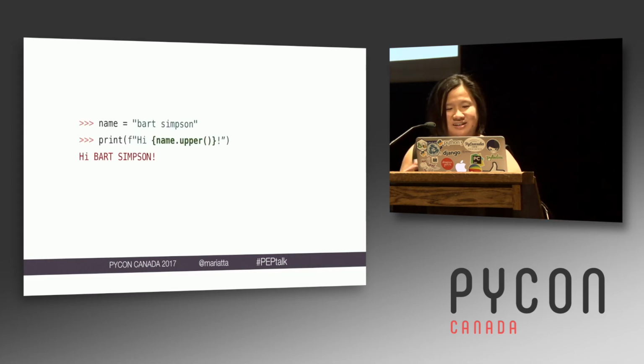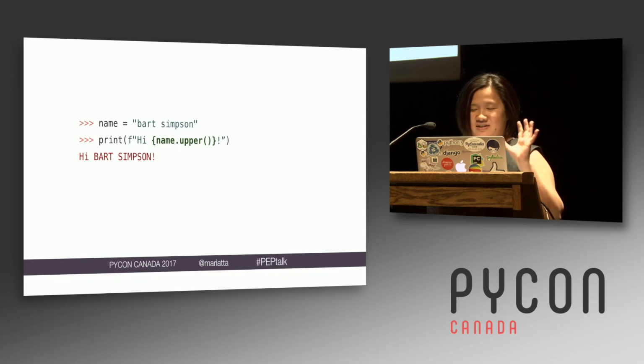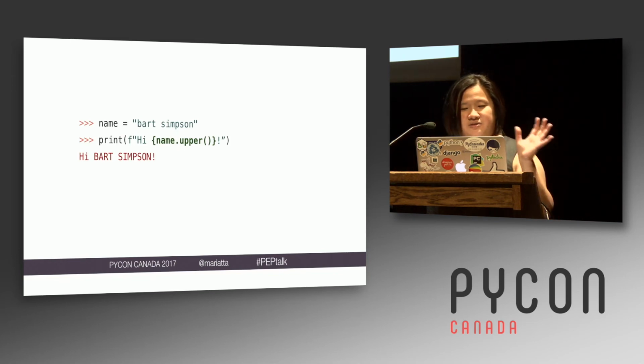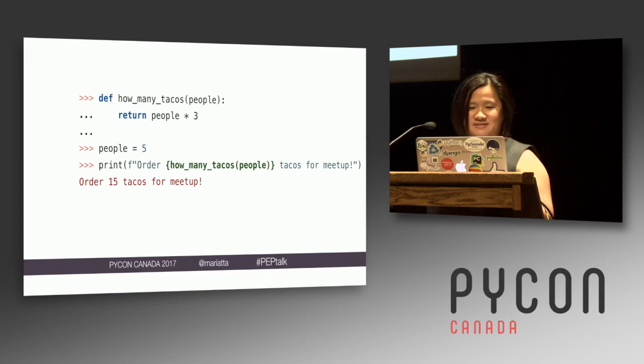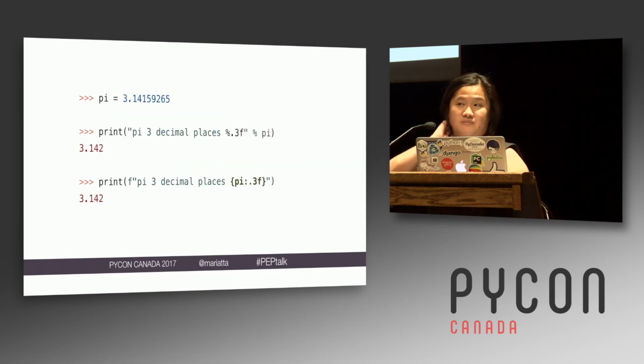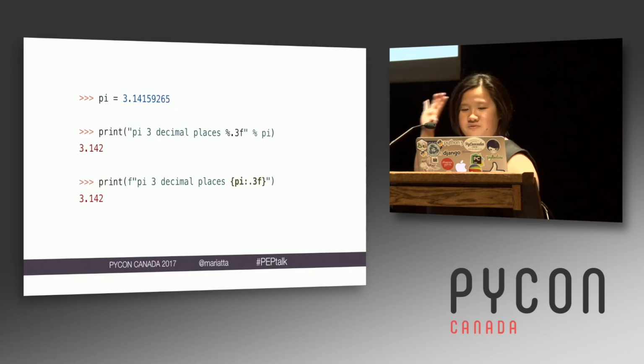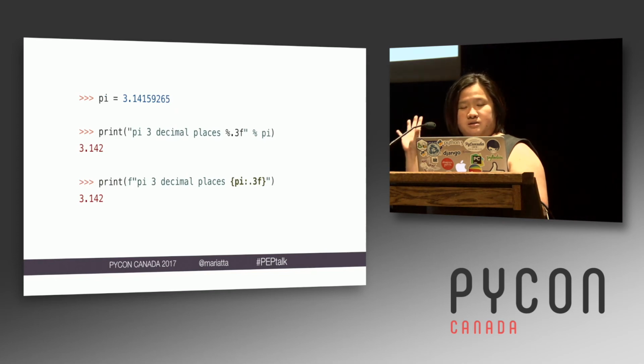So here's some other fun things you can do. Not only can you pass in variables, you can call methods like this, pass it to a function. You can pass in format specifiers. Here's an example to demonstrate the difference of how you used to format numbers, and now with f-strings.